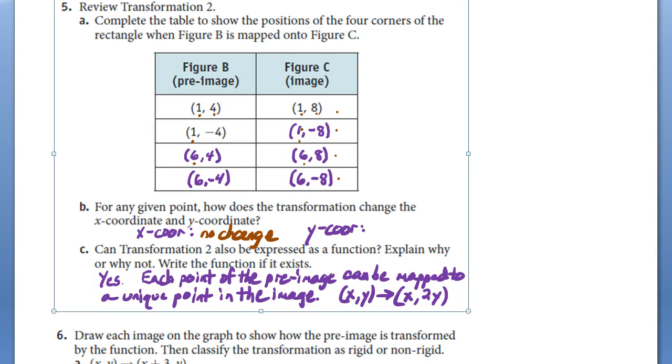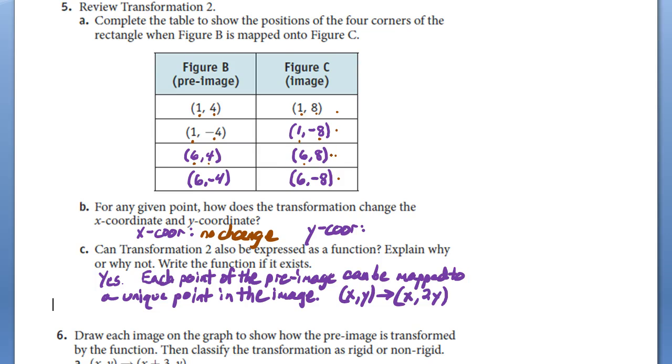That's negative 4 and that's negative 8. Do you see what's happening? It looks like the y-coordinate is being doubled. 4 times 2 is 8. Negative 4 times 2 is negative 8. So the y-coordinate is doubled, or multiplied by 2.